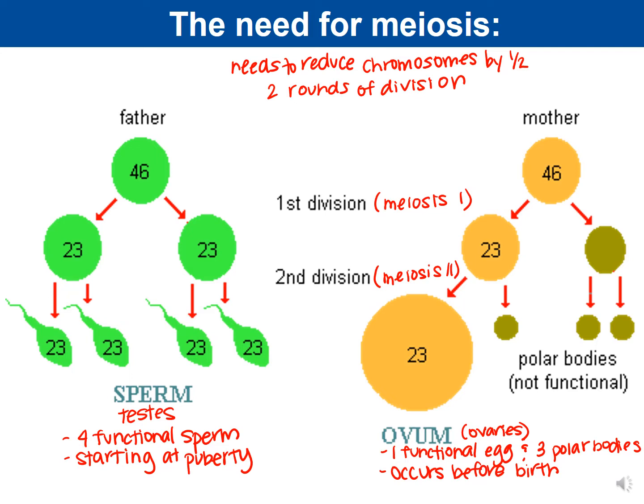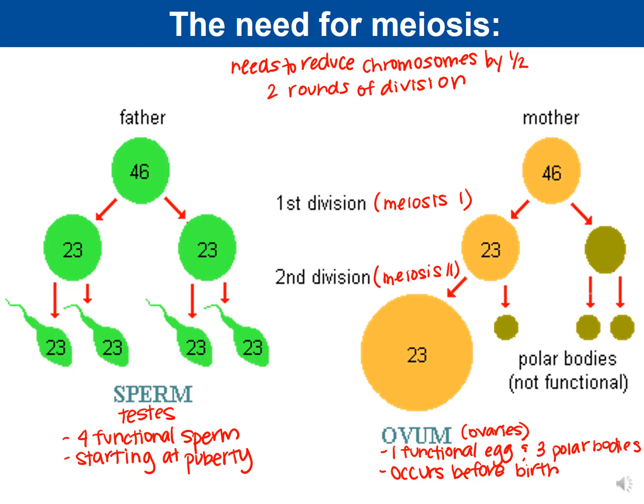And so this is just showing you an overview comparing spermatogenesis, the production of sperm, versus oogenesis, which is going to produce the eggs. Males will produce 4 functional gametes, so 4 functional sperm, and this process doesn't occur until puberty.